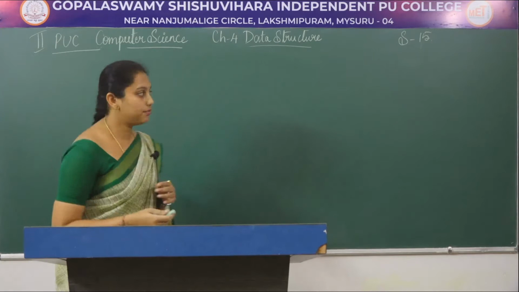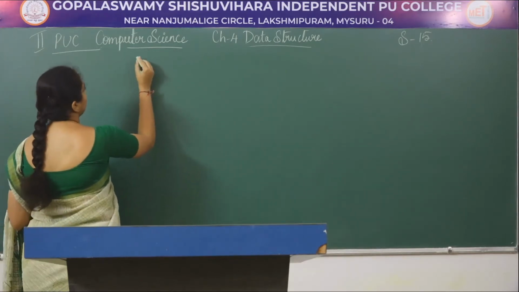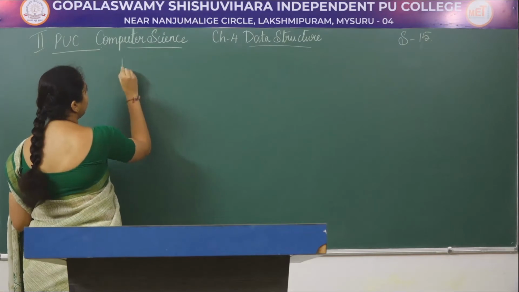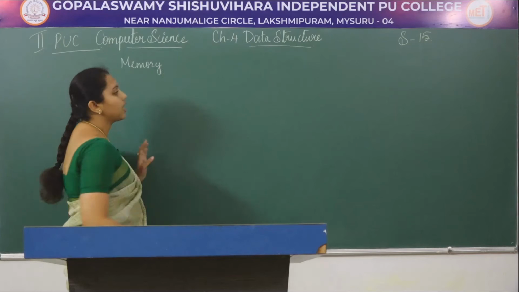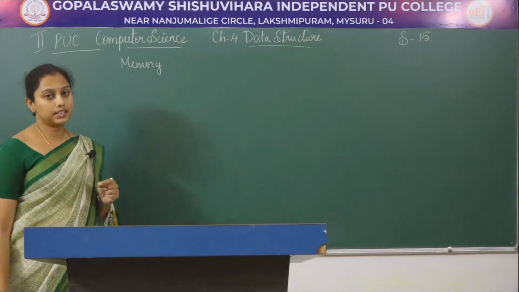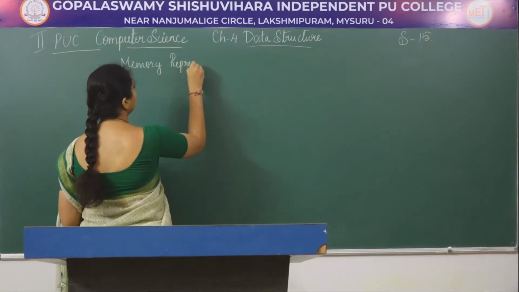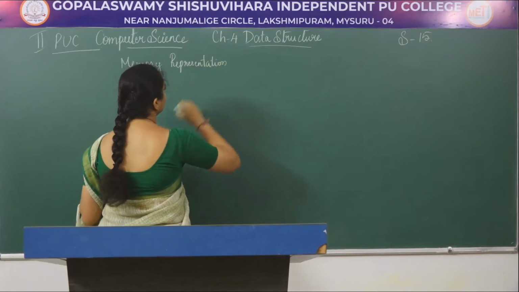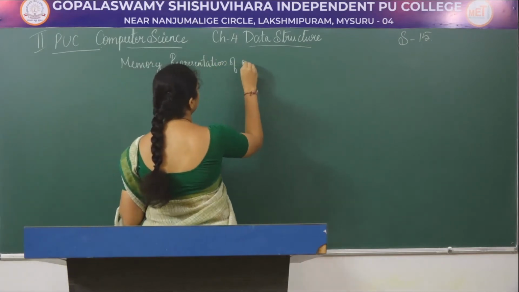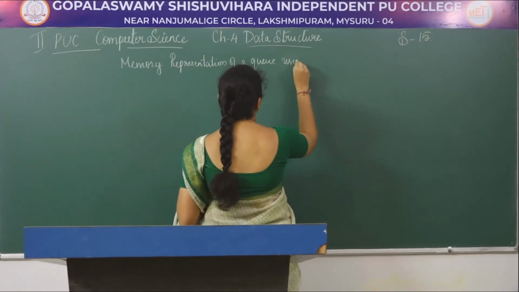In queues we have 2 representations, that is memory representation of a queue using arrays as well as a linked list. Memory representation of a queue using arrays.